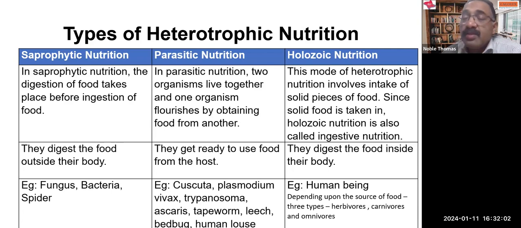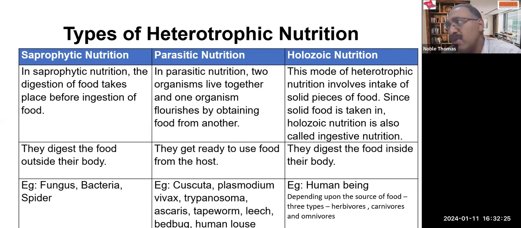Their food is dead plants and animals, but they have a well developed digestive system. The food goes into the digestive system and gets digested, just like in any other organism. So they are not saprophytes, they are holozoic organisms.